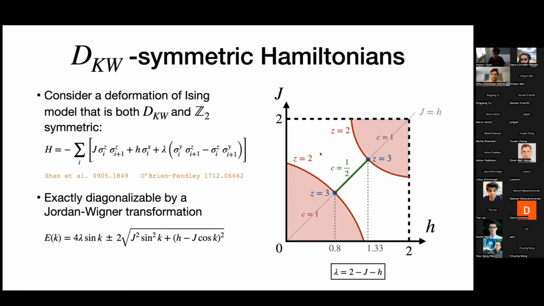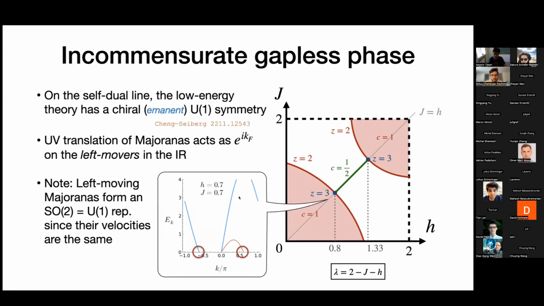And note that once you go away from the J equals H line at the Ising critical point, that's when you go into the two gapped phases, which are unshaded. I want to focus on a specific part of this gapless region, on the self-dual line specifically. It turns out that there's an emergent U(1) symmetry, emergent using the same terminology as these authors here.